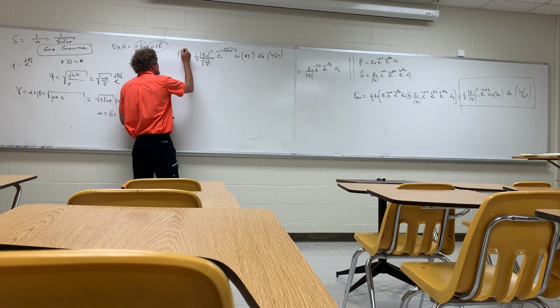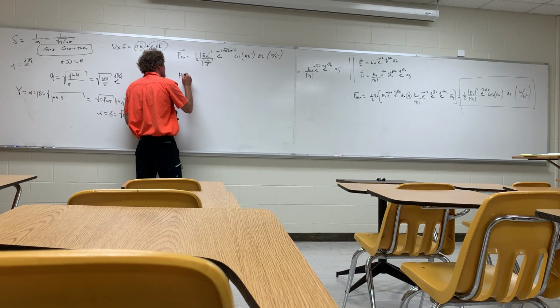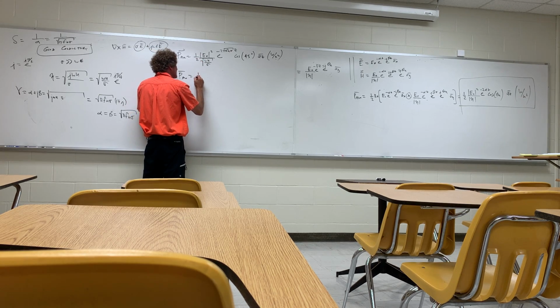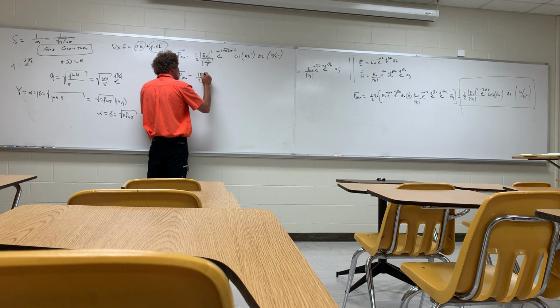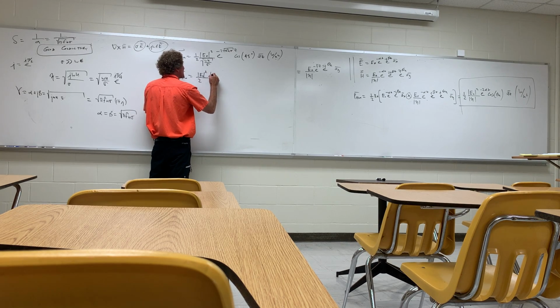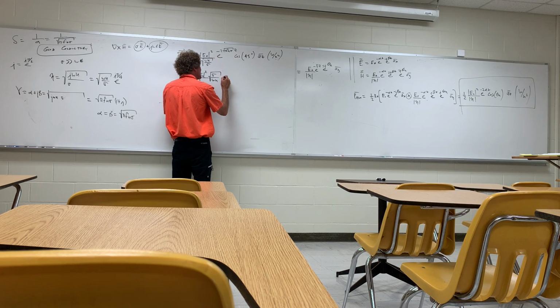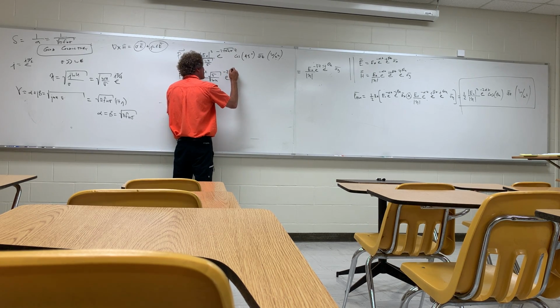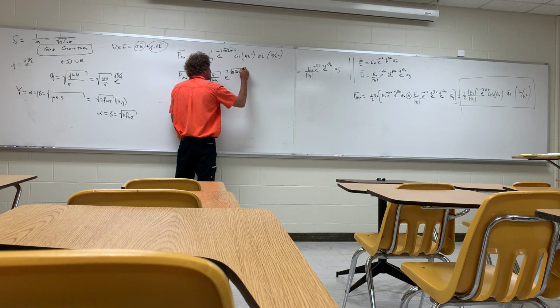Average power flow in a good conductor: the 1/2 stays, I'll leave E naught squared by itself. I can flip this if I want, but there's no real need to do that. I can say this is really the square root of sigma over omega mu times e to the minus 2 square root of pi f mu sigma z.